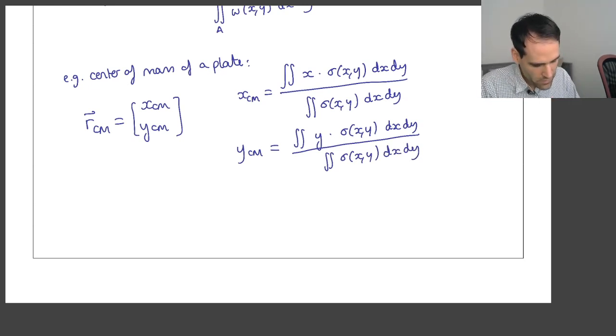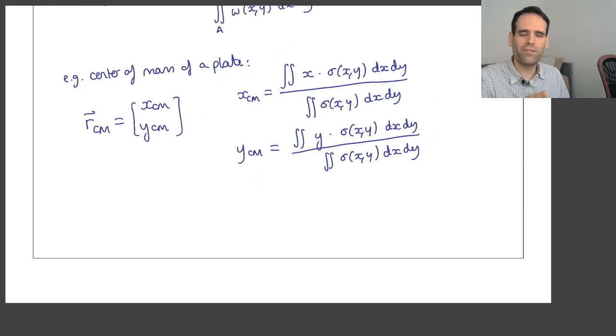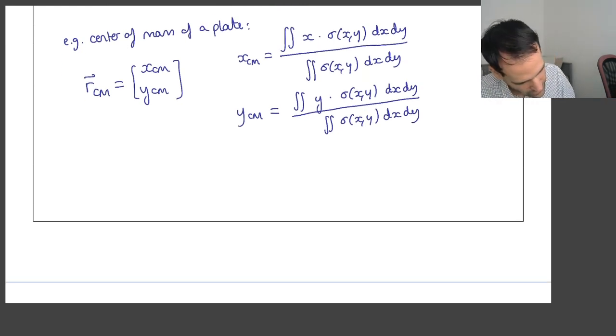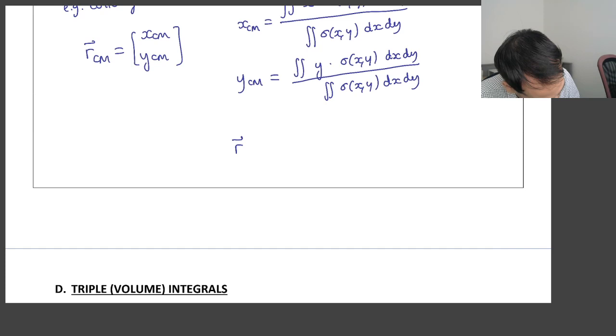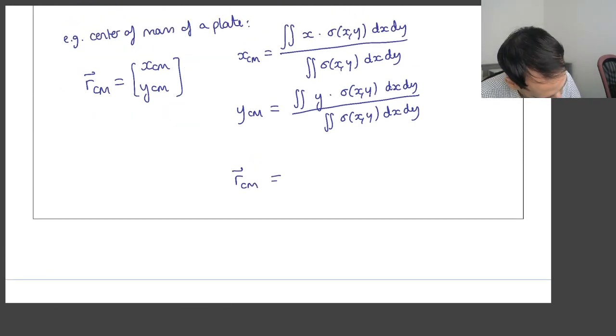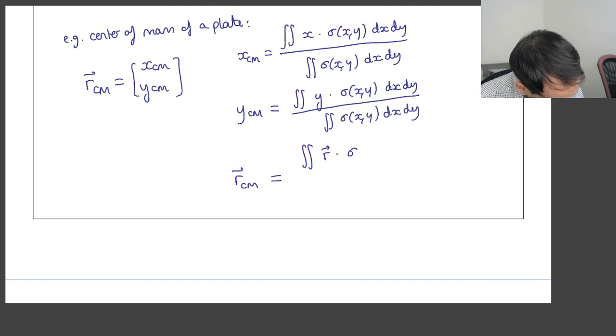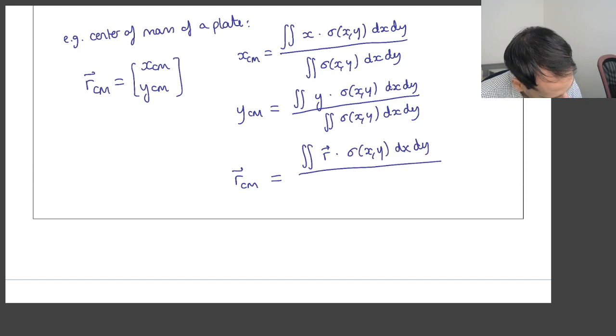By the way, there would be a nice simplified way of writing these two equations as a single equation. If you remember back to last chapter, we could do integrals of vectors. We can also do multiple integrals of vectors. So one way you can write this is to say that the center of mass vector, which is this two-dimensional vector, is equal to the double integral of r, which is a vector with two components, x and y, times the weight, divided by the double integral of the weight.